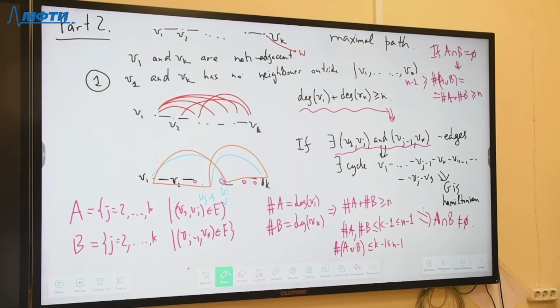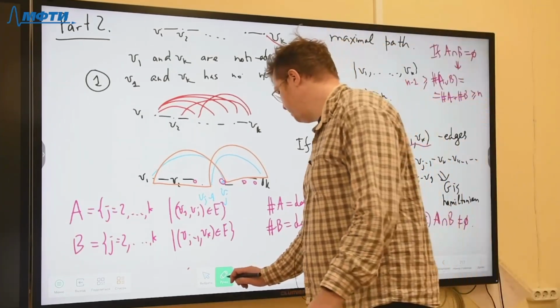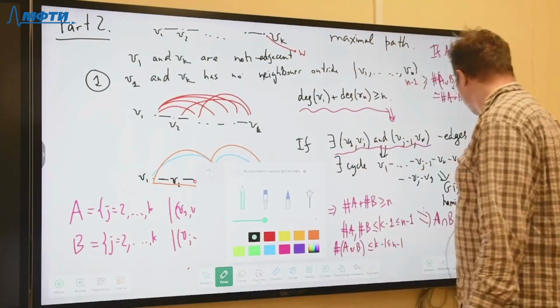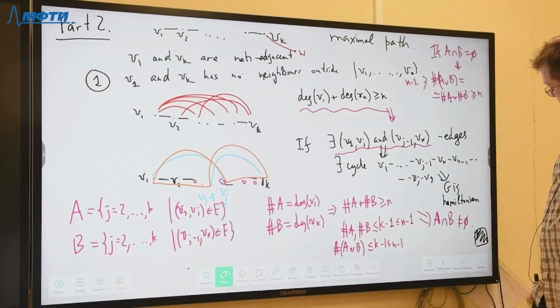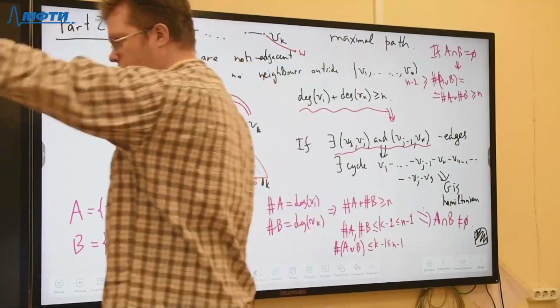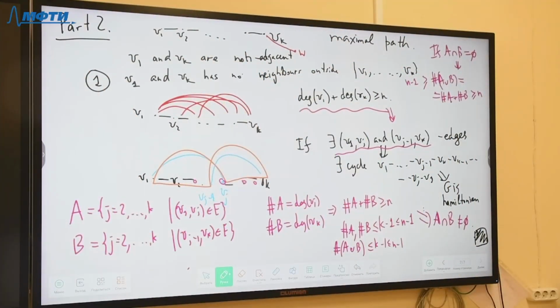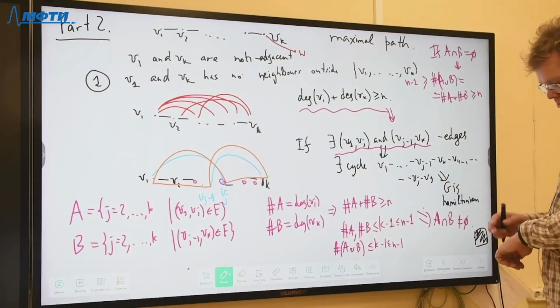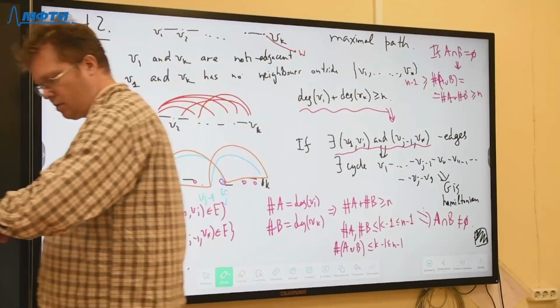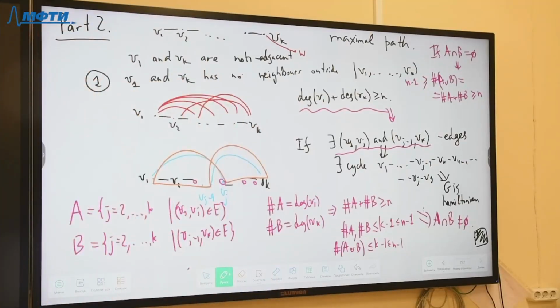Okay. I think now we will have a break, like I don't know, 10-15 minutes, maybe 20 minutes, and then I will make some remarks about this theorem, and then we will have the test until the end of the seminar.